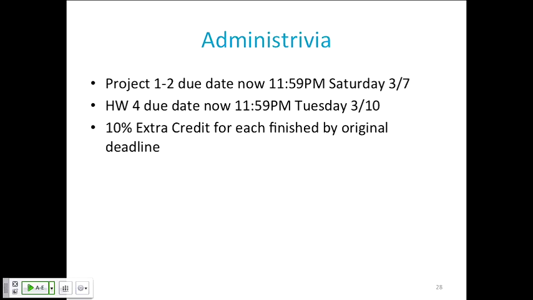Extra credit happens after we figure out all the grade boundaries, so it won't affect the rest of you, but the people who did get it early will get a potential boost. Also, the midterm grades should be out tomorrow.